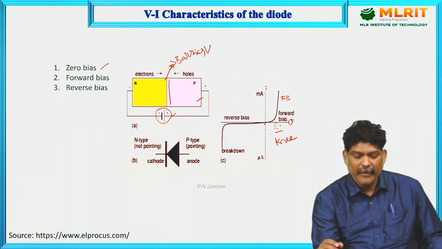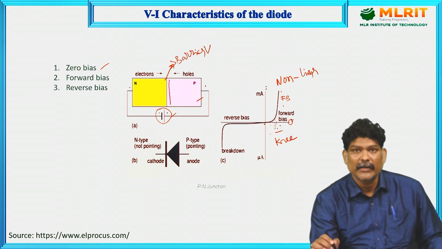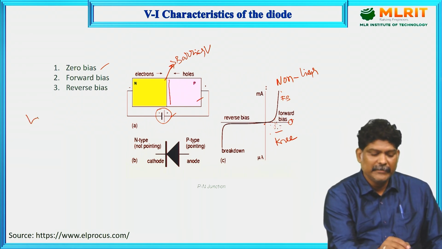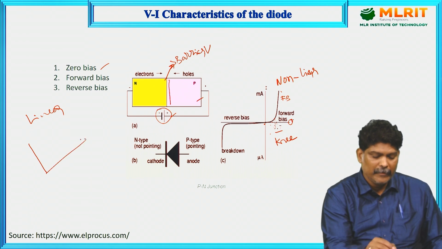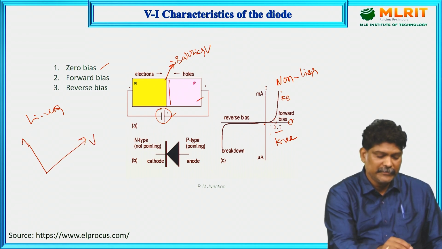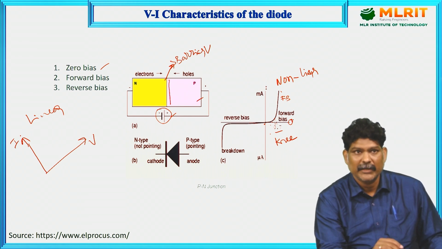Here, this characteristic is non-linear. The diode characteristic is non-linear. So what do you mean by linear? We are applying an input voltage and correspondingly measuring the current through the diode.